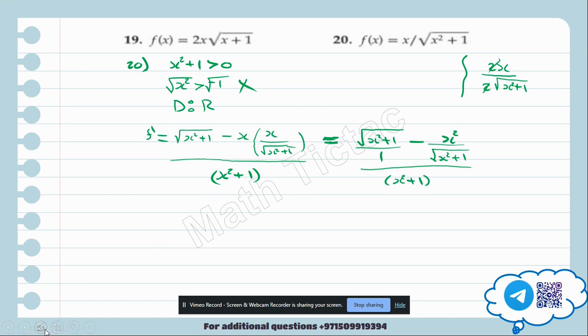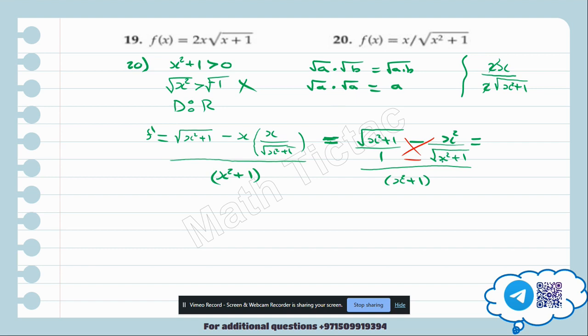Now I can make the denominators the same by multiplying this by this and this by this, and the denominators together. Be careful from this step. This is square root multiplied by square root. When we have square root of a times square root of b, this is equal to square root of a times b. Once you have square root of a times square root of a, meaning the expression inside is the same, this is equal to a.